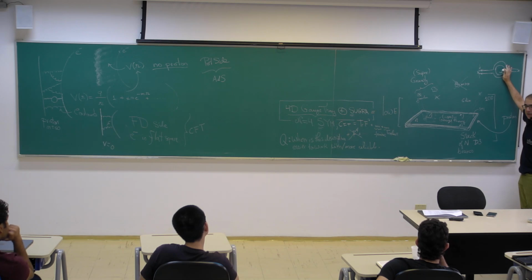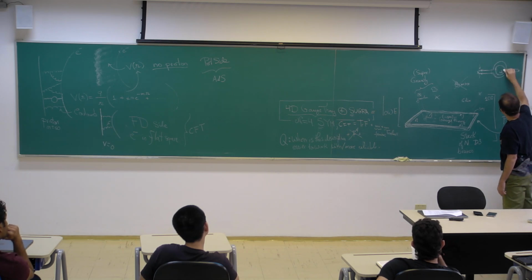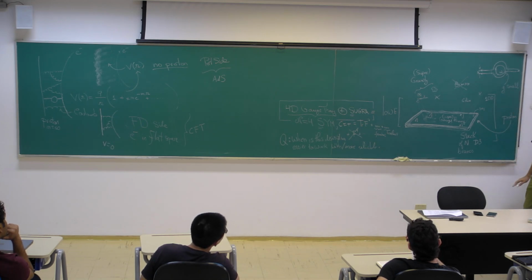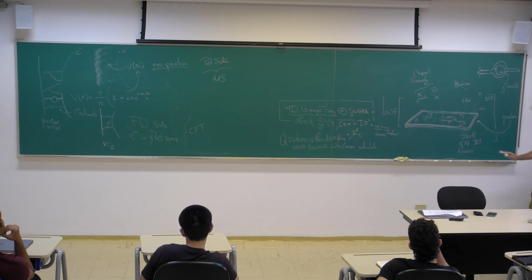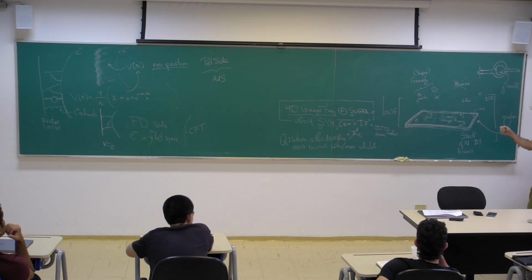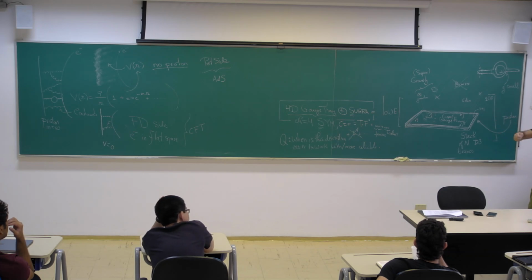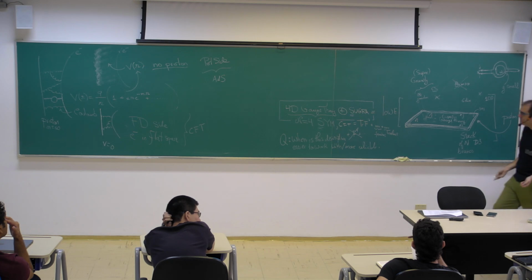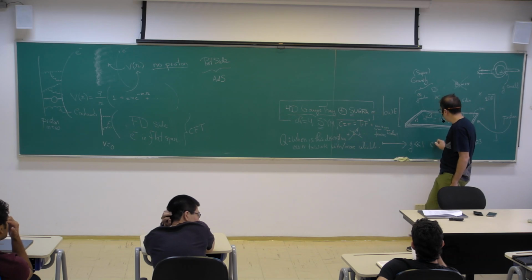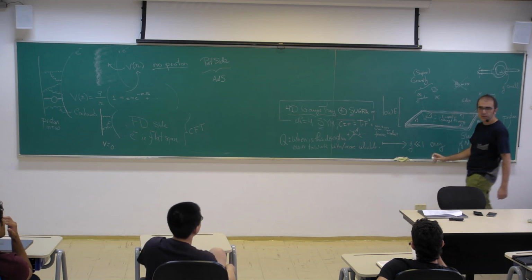And when are diagrams good? When can I truncate to this? If this coupling g is small. If g is small, then the gauge theory description is awesome. I just put some probes, like external gravitons, for example. I let them scatter, and I do one loop, two loop, three level. So this question is answered: when g is small, this side is easy to work with.